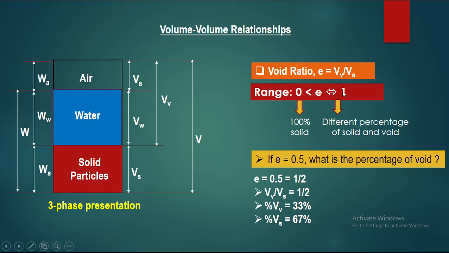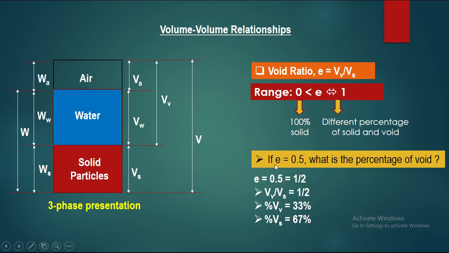And it can even be greater than 1 when the volume of void is greater than the volume of solid, which is also very much possible in real life. So it cannot be equal to 0; it should be greater than 0, and it can be less than 1, equal to 1, or even greater than 1. So don't be surprised if you see a value of void ratio more than 1 in real life.